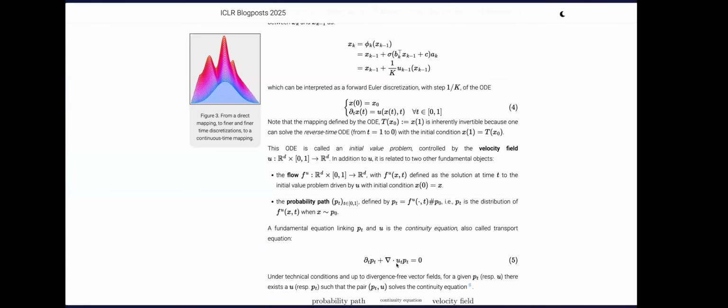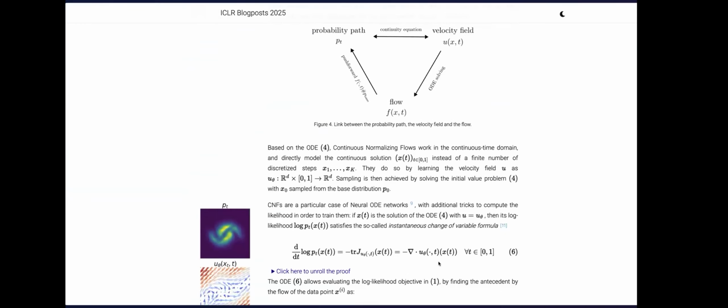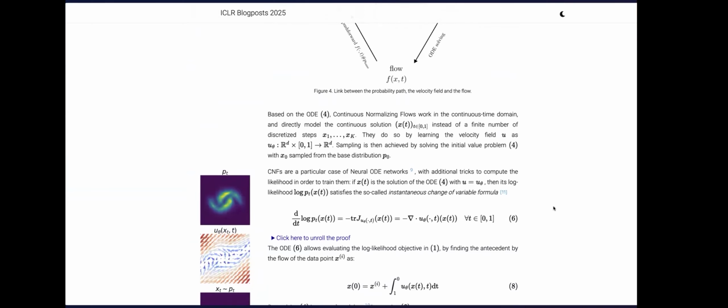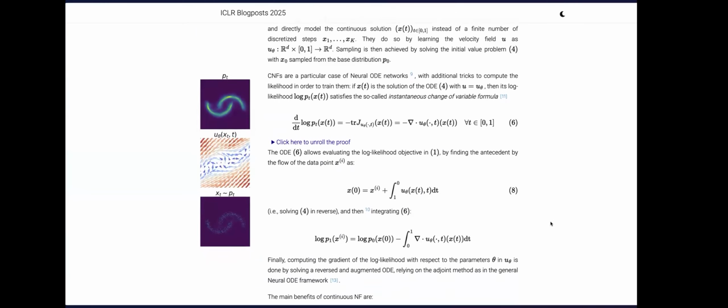But by taking the log, if we do the math, we lose the PT. So the change in log probability is directly related to the negative divergence of the velocity field, right? So that way we can directly evaluate what is the log probability at time one by integrating this, starting at time 0 and just going forward, right? So there we go.